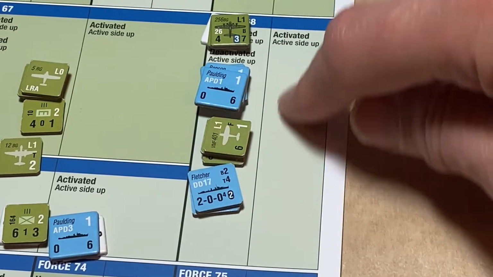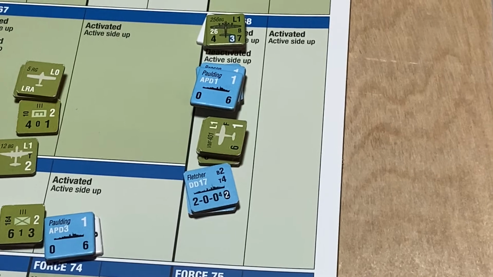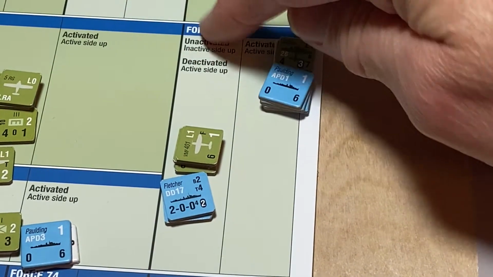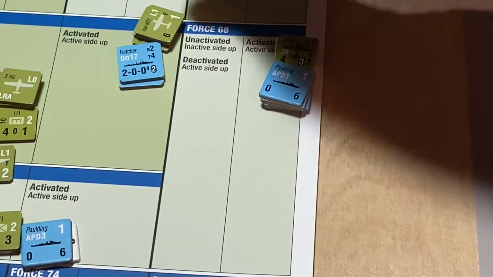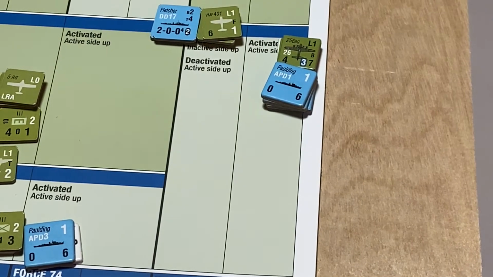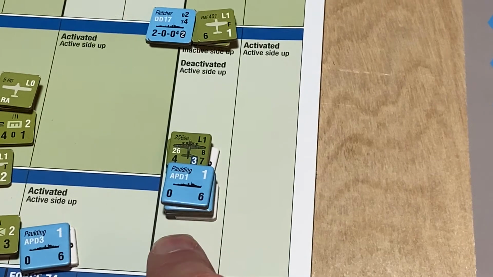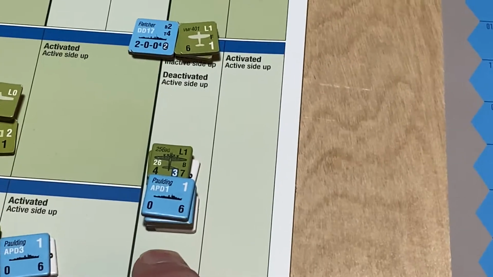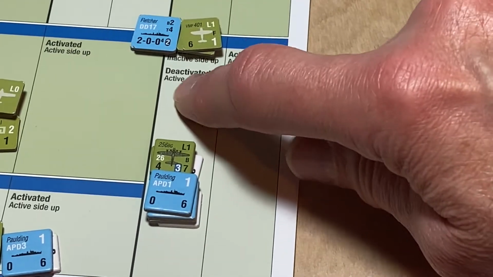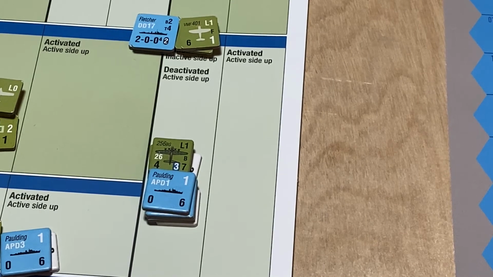You have an activated box for your present operations, so they're being used for the battle cycles, and then you have an unactivated box for units that are not activated at all, and then you have another box for units that have been used during the month. They're deactivated, but you haven't flipped them yet, so you can see that you've used them, but you can't use them again during that month. So that's what that's all about.